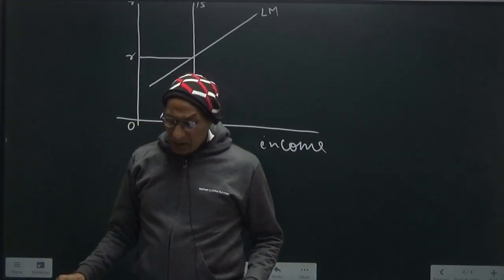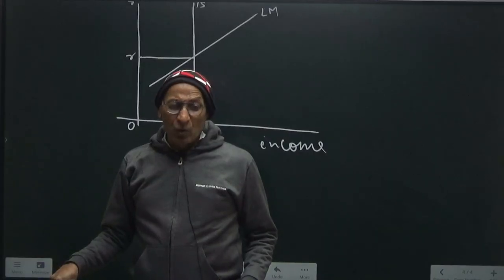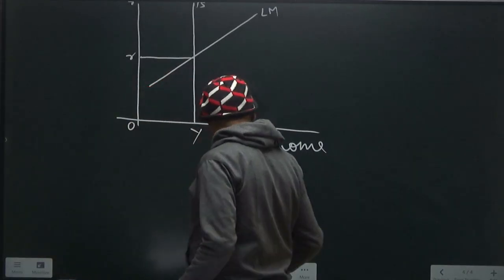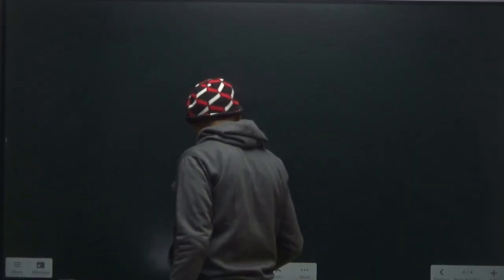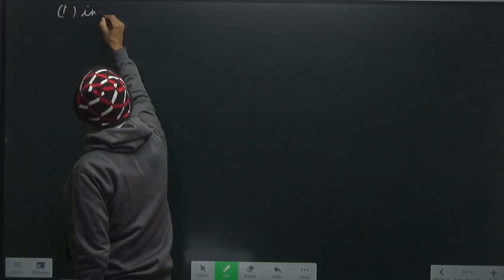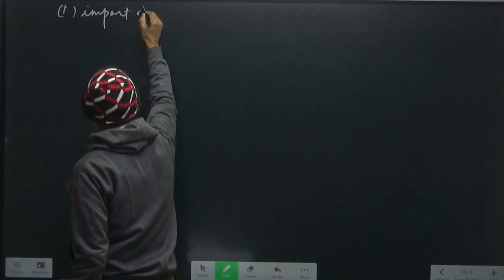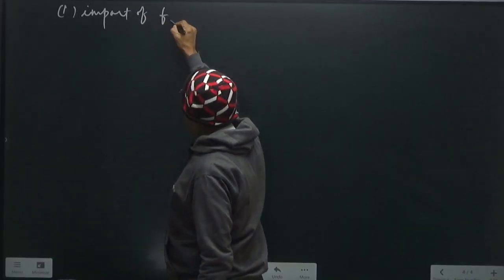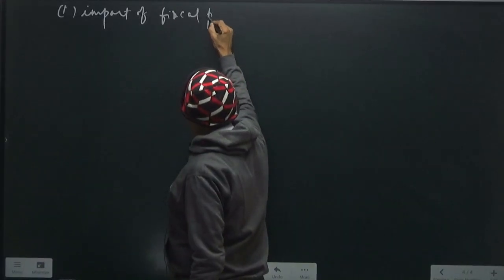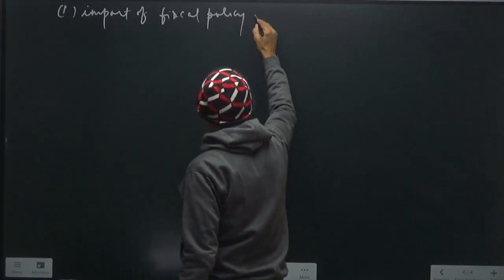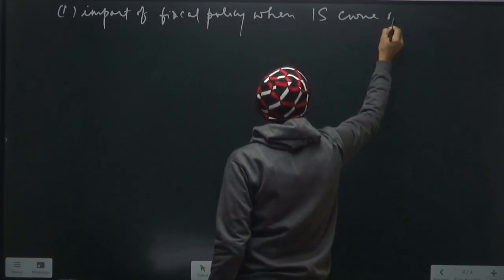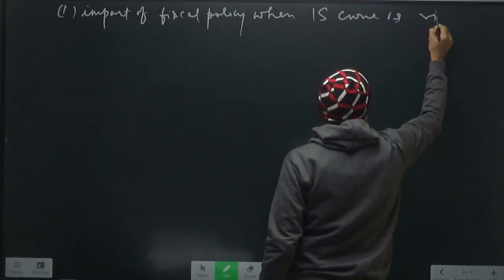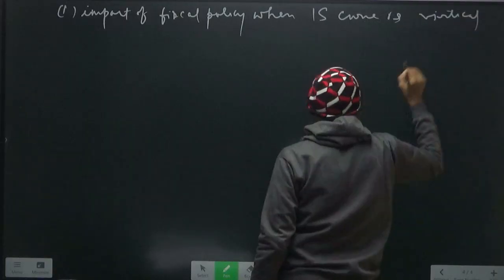the impact of fiscal policy when IS curve is vertical. First is the impact of fiscal policy when IS curve is vertical.